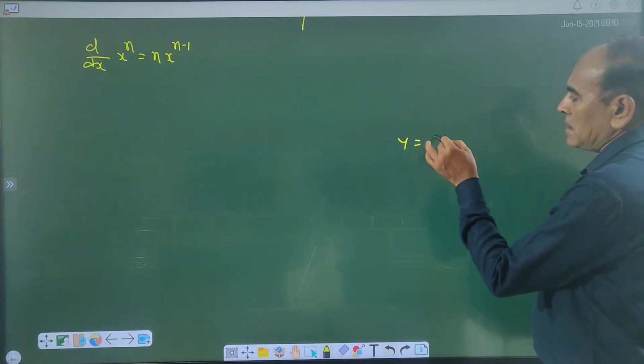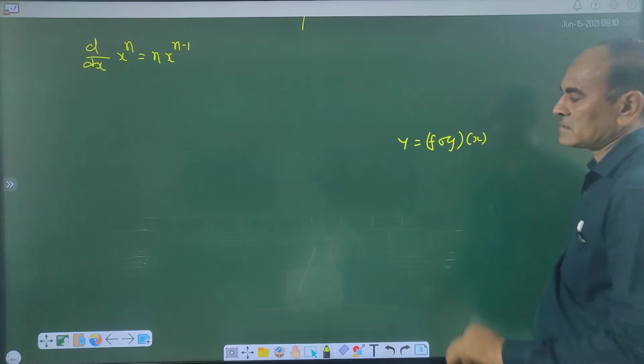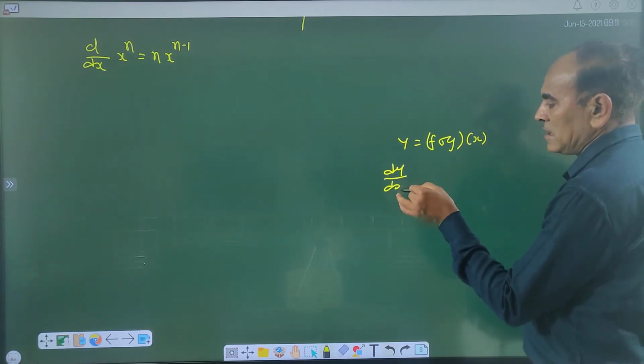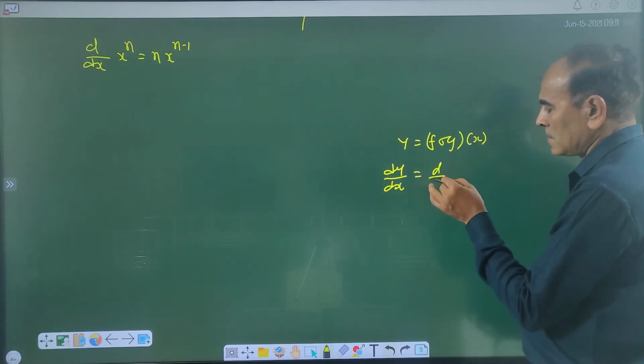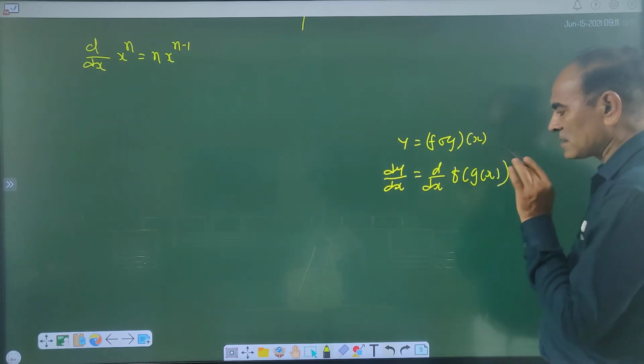If I write y is equal to f of g of x, then in derivative notation we are taking d by dx on both sides. So dy by dx of f of g of x.